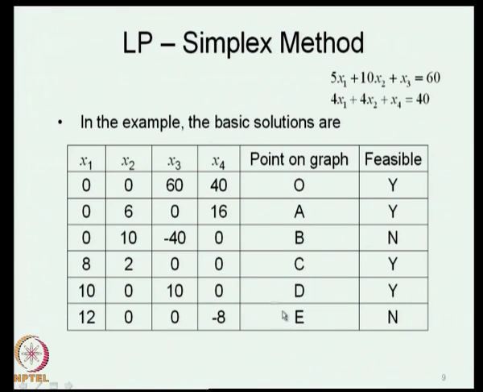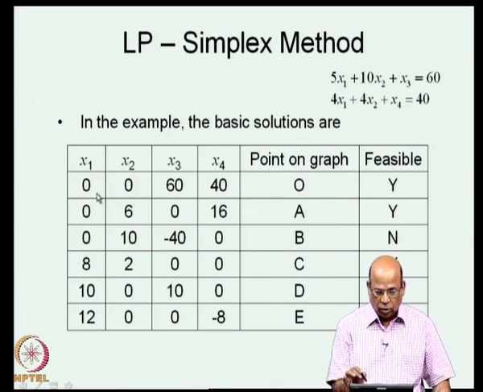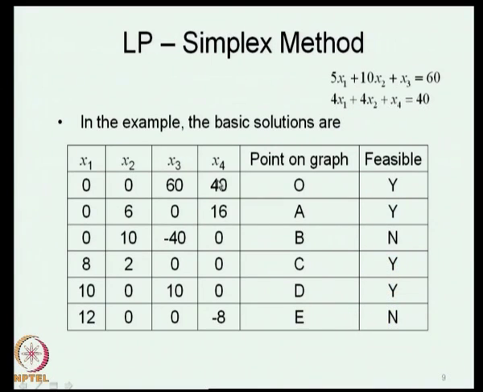The basic solutions, in this particular case, are the solutions obtained by setting any 2 of the variables to 0 and solving for the other 2 variables. Out of these 6 basic solutions, you see that 4 of them are feasible and 2 of them are not feasible.